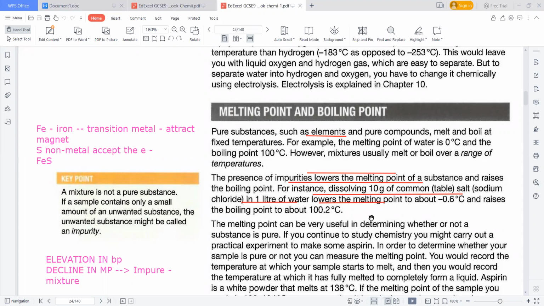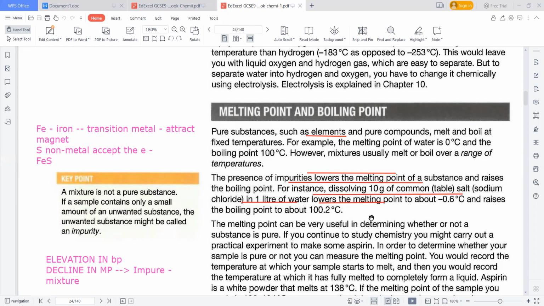If I place some salt into that water and it boils at 100.2 degrees, it is a clear demonstration that water is not a pure solution anymore. Similarly, if I try to freeze that impure water, it will show a decline in its melting point.